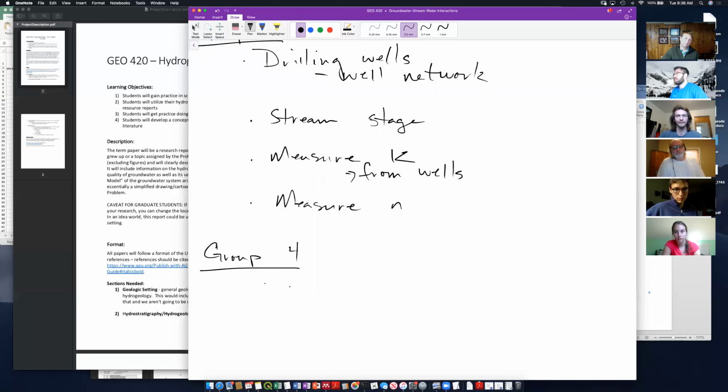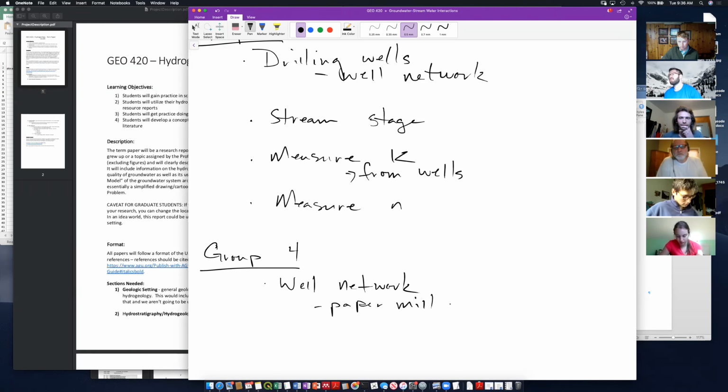One of the easiest ways to determine if the contamination is going to get over there is to drill a series of wells, maybe 3 or 4 by the paper mill, and 3 or 4 by the river, and measure the water table height, and with continuous monitoring be able to tell where the contaminant goes.